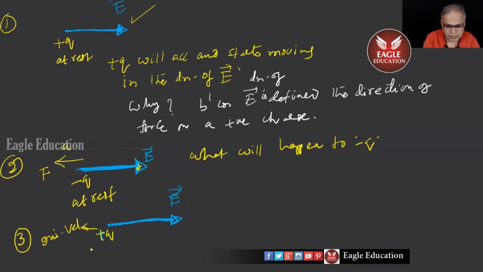So what will happen to this plus Q? Tell me now. You can think this E is all over the place, not only here, but all over the place like that.